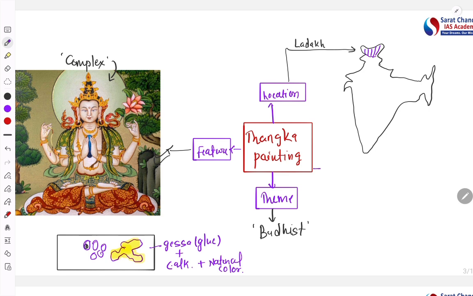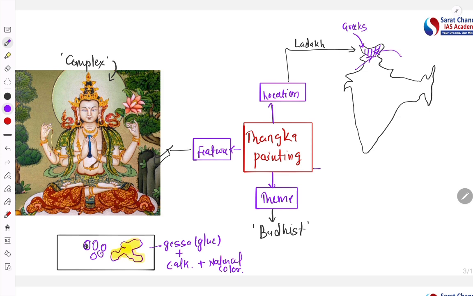As we discussed, the theme, features and location. One important fact we have to remember is that this location is very significant because it is the confluence of different cultures. As we know, northwestern India was under the influence of the Greeks, Indo-Greeks, Central Asian rulers, as well as Tibetan culture and Kashmiri culture.